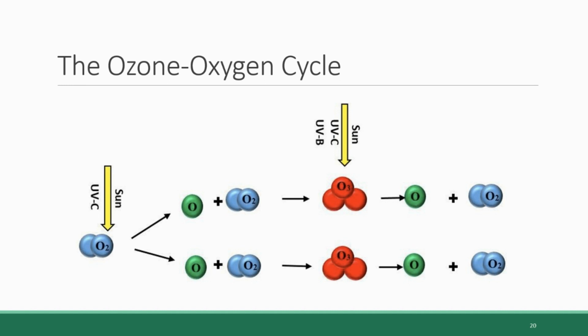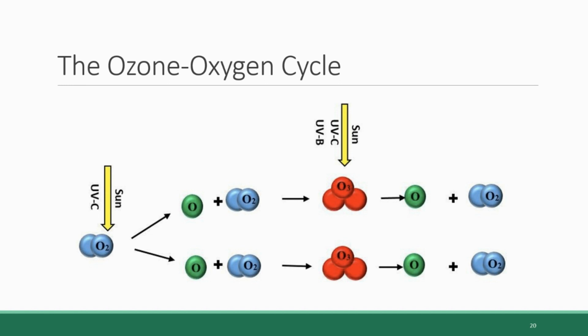So you can see how this is a cycle. And as long as the rate at which ozone is being created is roughly the same as the rate at which ozone is being broken down, then the cycle sustains itself and remains in balance. However, that balance of ozone creation and destruction has been disrupted by human activity in recent decades.